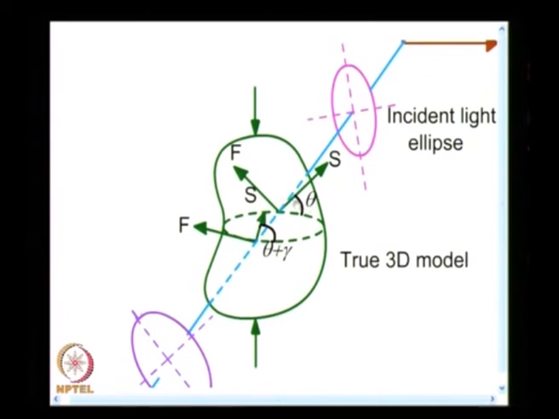These are not coinciding with the principal stress directions at the inlet plane and exit plane. These are optically determined; this is called the primary characteristic direction, and this is called the secondary characteristic direction. You call gamma the characteristic rotation, and you will also have 2 delta, which you call the characteristic retardation.